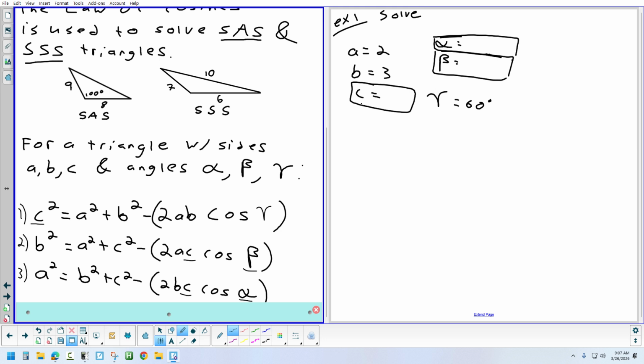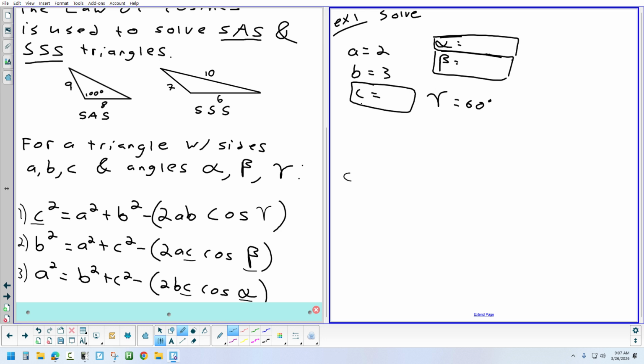So we're going to fill everything in. I'm going to square some things as we go so we can save a little bit of writing. So we've got c squared equals, next thing is a squared. What's a squared in this problem? 4. Plus b squared.